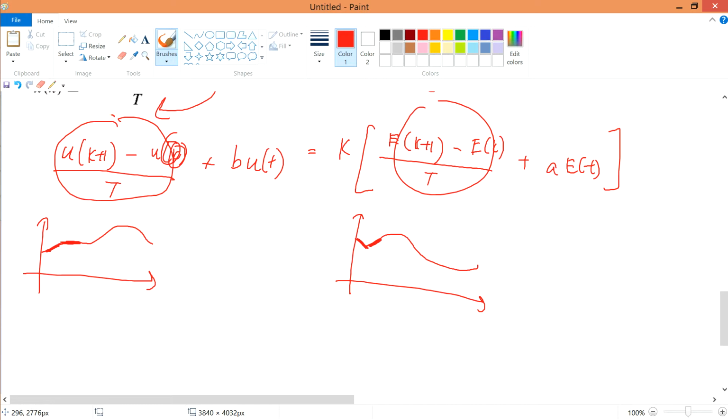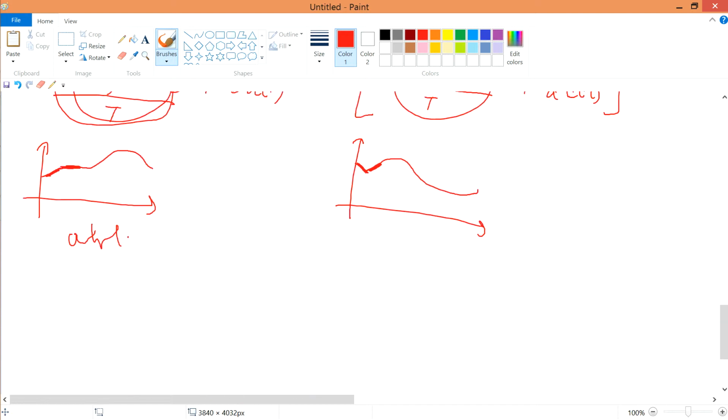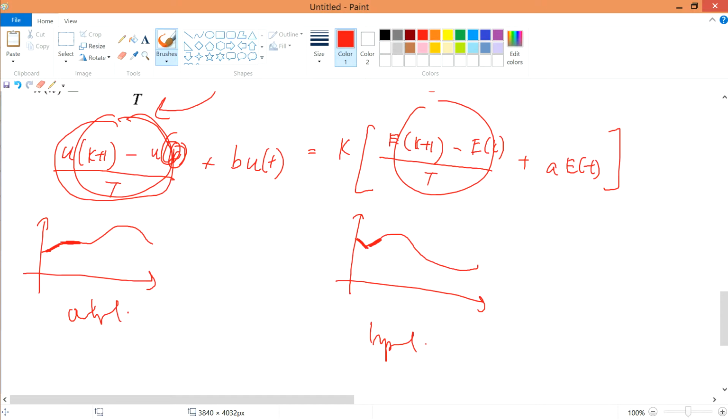So u is the output, and this is e, which is the input. As you can see, this is input into the system, and the relationship between them can be constructed by the rest of this. So you can visualize things in an easier way already. u(t) and e(t) are simply your inputs.